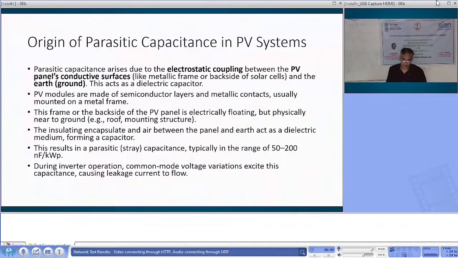Okay. What is the reason why you can't ground the panel? Yeah, you can ground the supporting structure, but not the panel. Panel means you can see there is a positive and negative of the panel. So this is your panel. So this is your positive and negative of the panel. Only there is a supporting structure, so that is grounded.